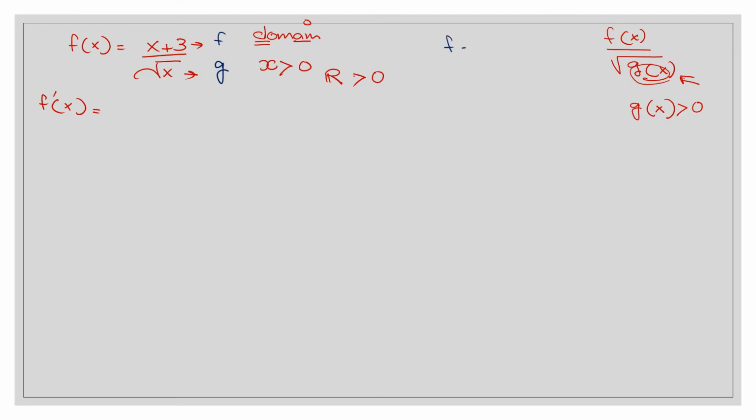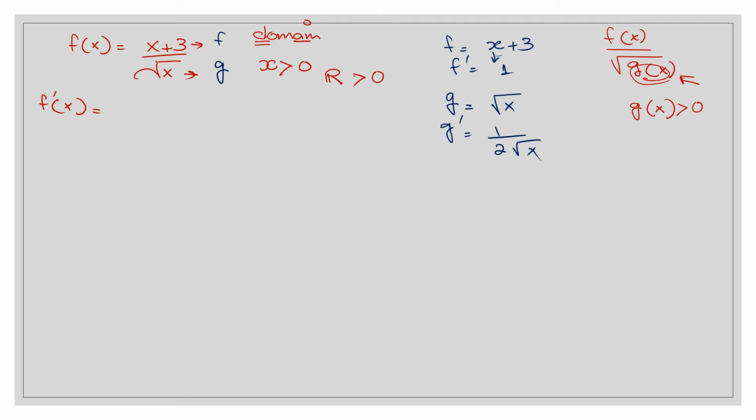So our first function f is x plus 3, and f prime, the derivative of x, is 1, so write 1; the derivative of 3 is 0, no need to write. And the g function is square root of x, for which there is a direct formula: the derivative of square root x is 1 over 2 square root x.